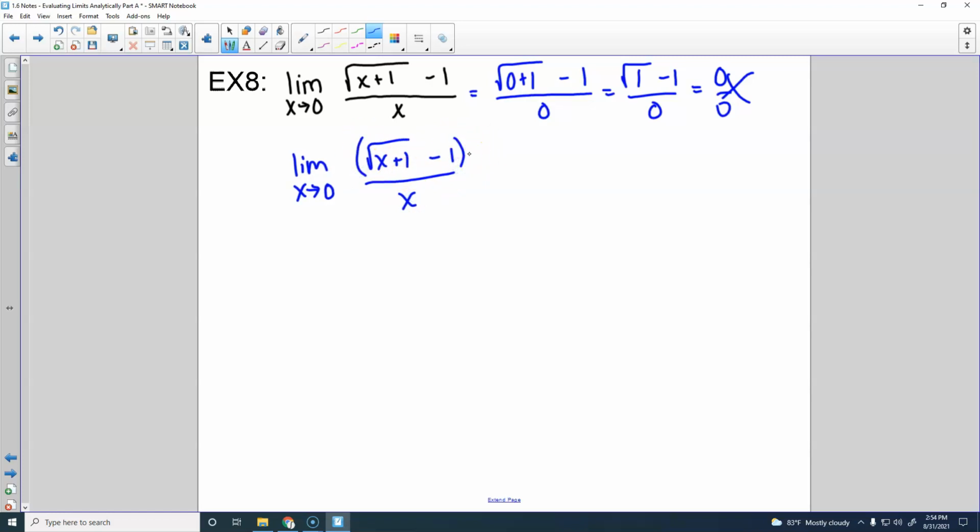So I've got to multiply by the conjugate. The conjugate is going to be square root of x plus 1 plus 1. And make sure you multiply on the top and bottom of your fraction. Notice here, this x plus 1 stayed the same. I didn't change the sign there.